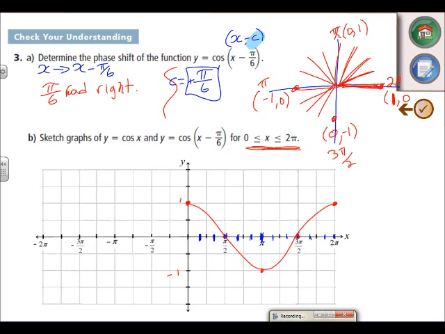So take it now and we're going to move every point pi over 6 to the right. So this point's going to move pi over 6 to the right. This point's going to move pi over 6 to the right. This point, pi over 6 to the right, and pi over 6 to the right.